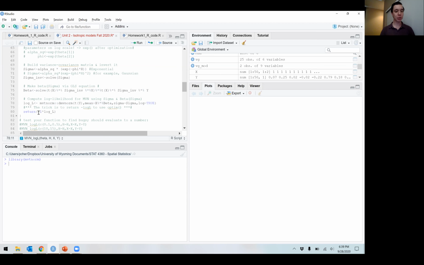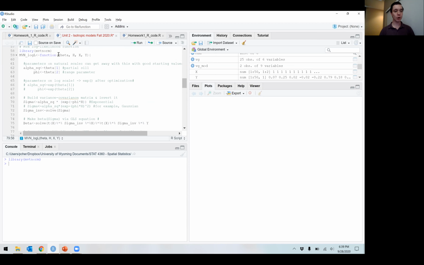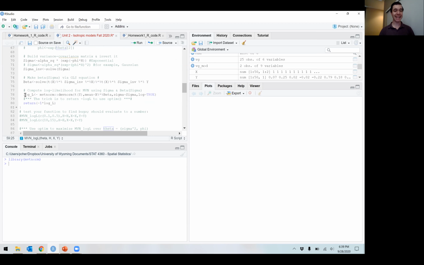And then we have a trick. To use the optim function, what optim does is it iterates over different values of your theta vector to make your last line, whatever you return, as small as possible. By default, it makes it as small as possible. We don't have a minimum likelihood, we have a maximum likelihood.